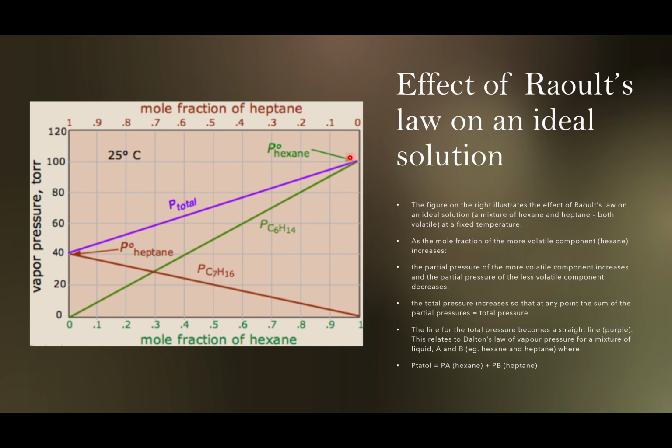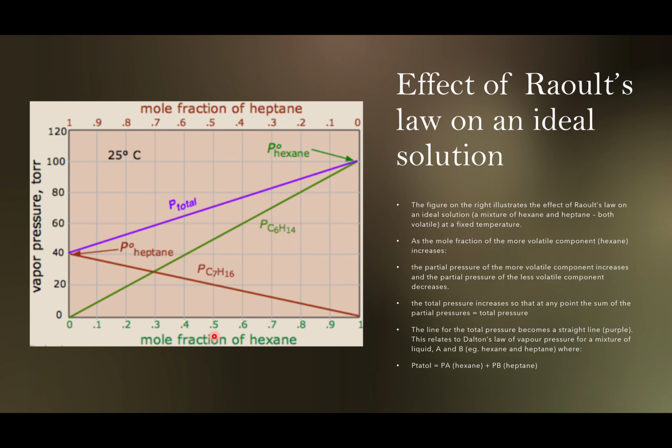Looking at the red line now, as we move towards 1 up here, the vapor pressure of heptane will increase. So as hexane approaches 1, heptane approaches 0, and as heptane approaches 1, hexane approaches 0. It's a fraction of how many things are in solution. If we have a mole fraction of 1, only it exists.